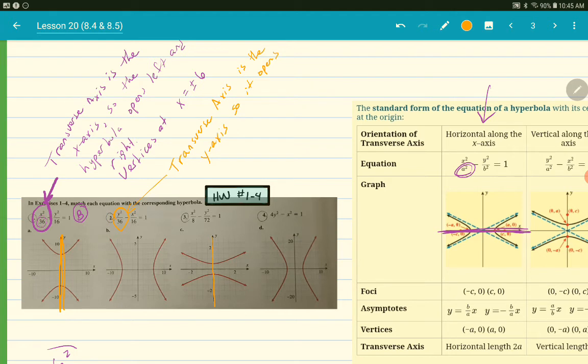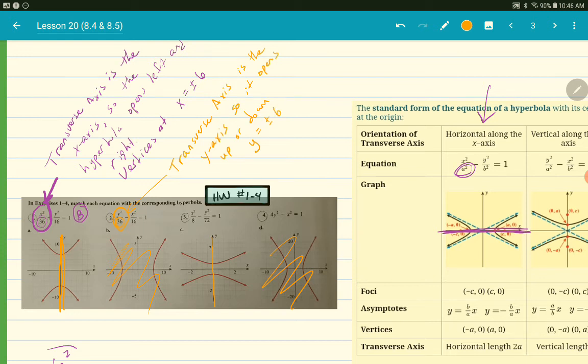So this one is going up and down. It starts with a y, so it opens up or down. So it's not B or D. And under the y squared, I have a 36, which tells me y is going to be equal to plus or minus 6 for the vertices.